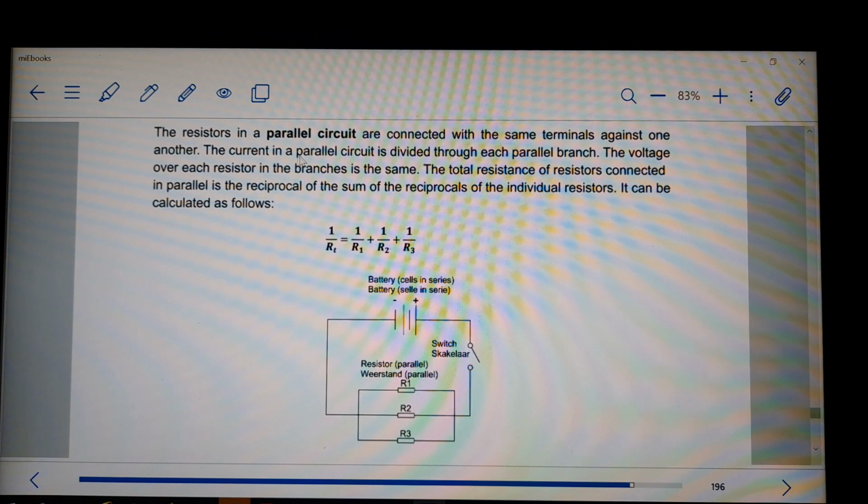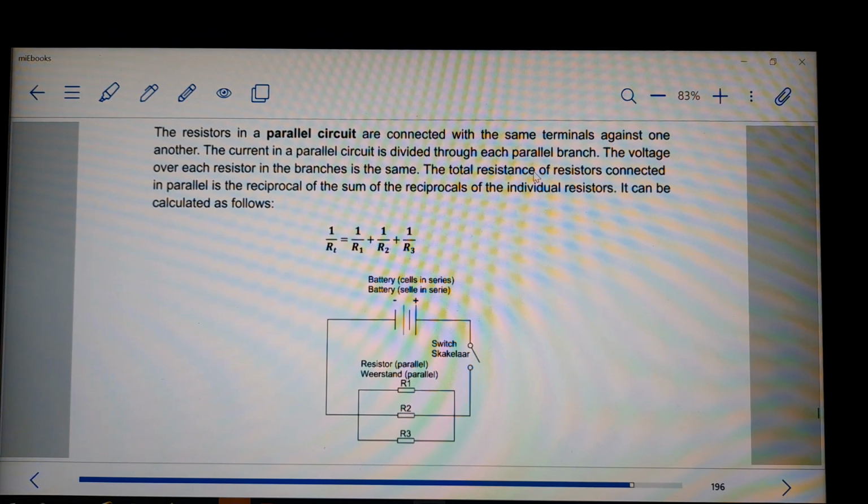The current in the parallel circuit is divided through each parallel branch. So this is branch number 1, branch number 2, and branch number 3. The current is divided through each branch. The voltage over each resistor in the branches is the same.